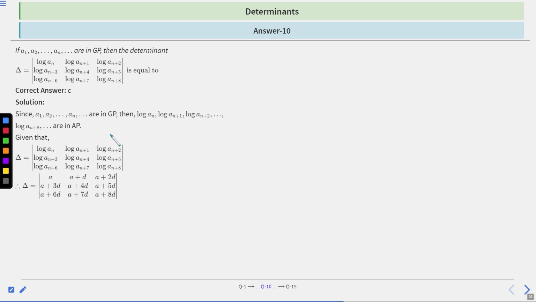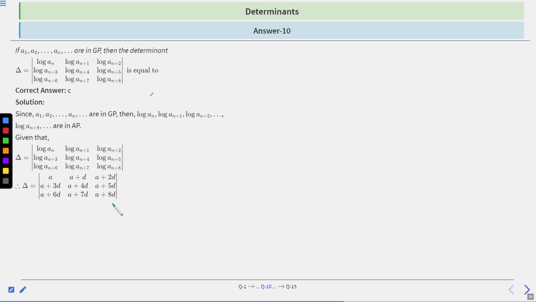Since A1, A2, AN are in GP, then we know that log A(N+1), log A(N+2) till log A(N+8) are in AP, right? Now, given this determinant, it can be written as, suppose log AN is a. So log A(N+1) is a plus d, log A(N+2) is a plus 2d, log A(N+3) is a plus 3d, right?